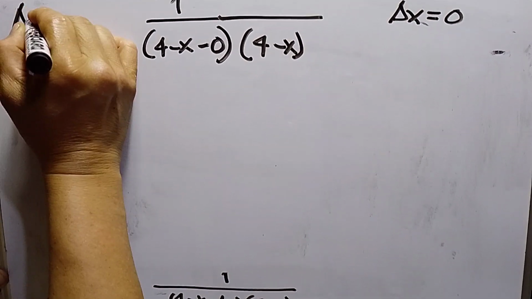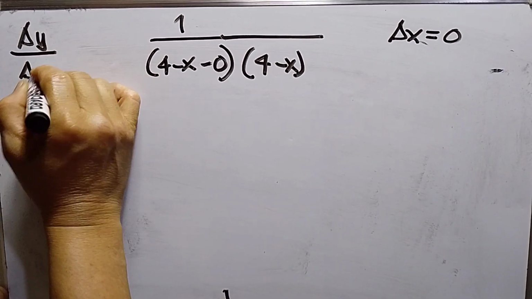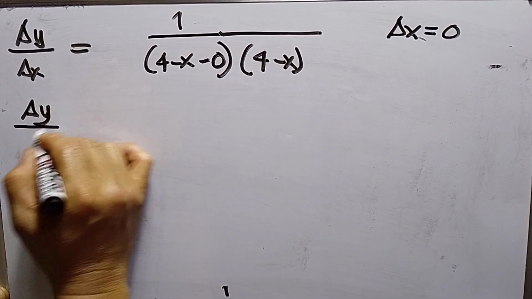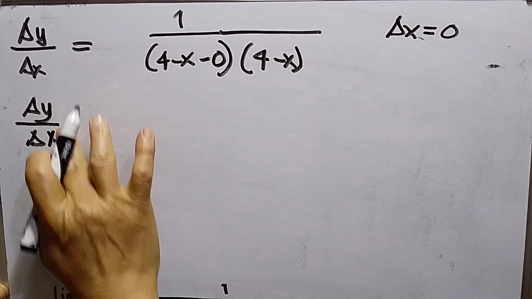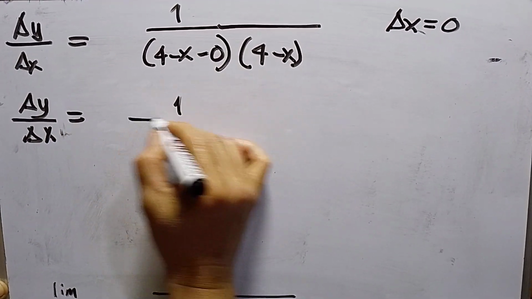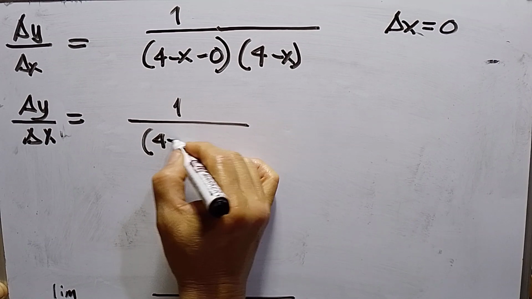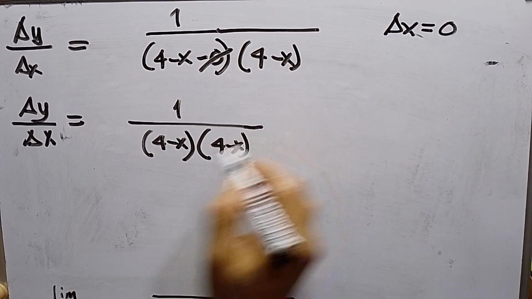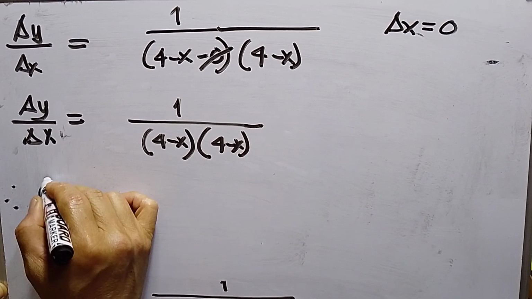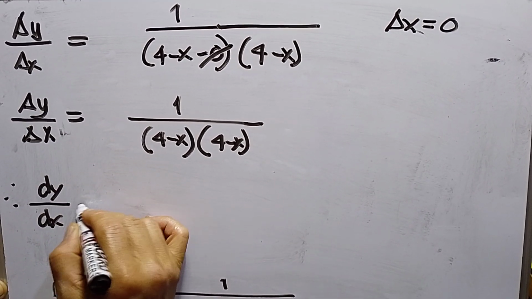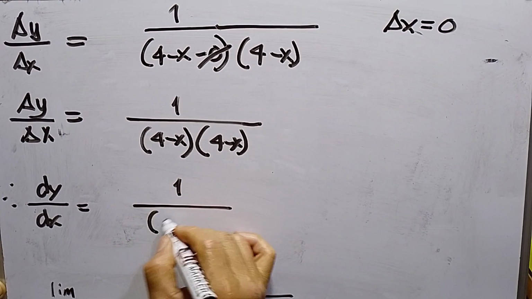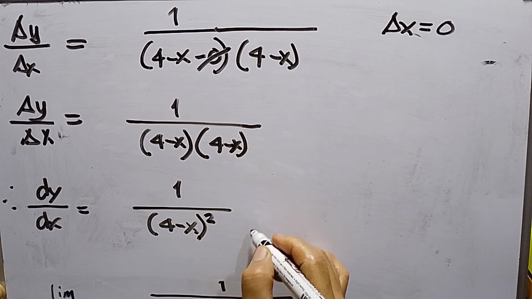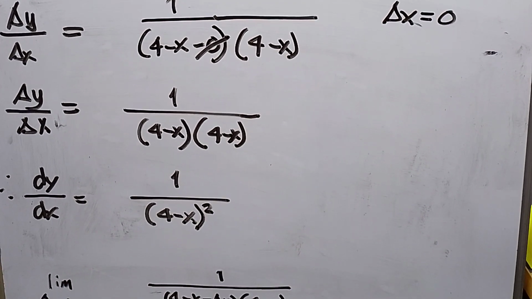So this is now our delta y over delta x, which is equal to 1 over 4 minus x and 4 minus x. Therefore, dy over dx is equal to 1 over (4 minus x) squared. So this is my answer for number 1. That's all.